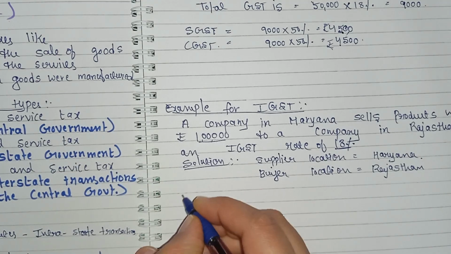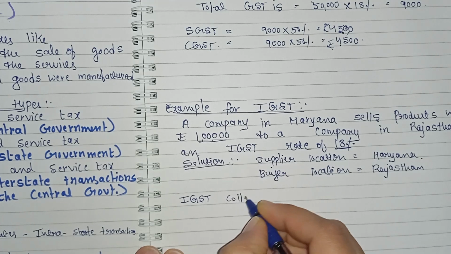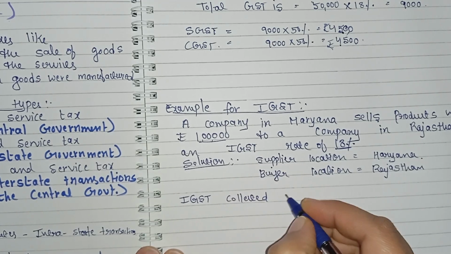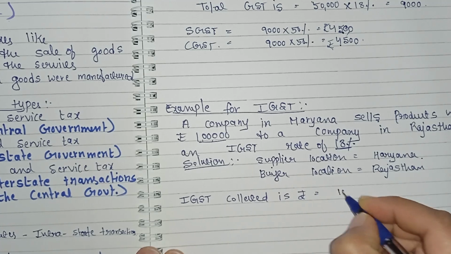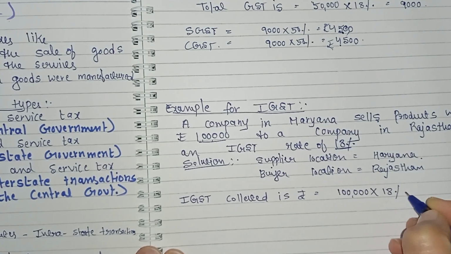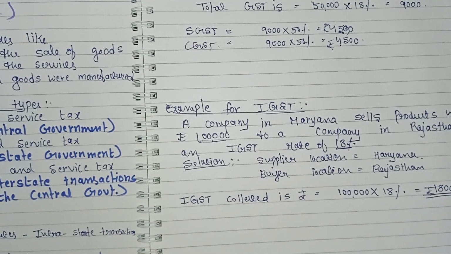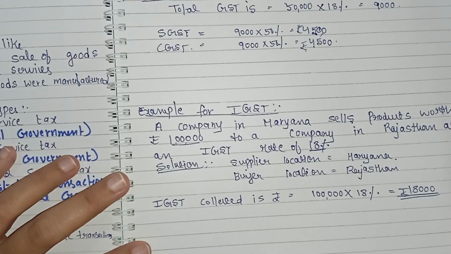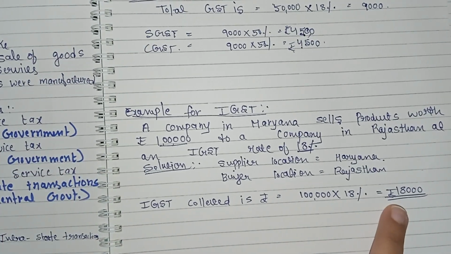Okay, now so IGST, that is integrated goods and service tax collected, is rupees goods value 1 lakh into IGST rate 18%. So that is equals to 18,000 rupees. Sorry, that is rupees 18,000.